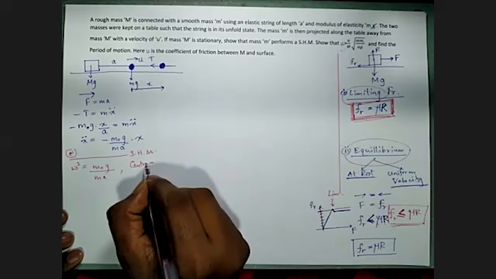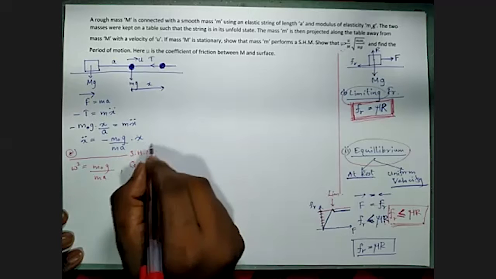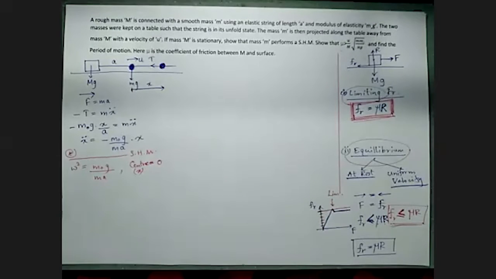How we can find center x? By equating the bracket you will get here to 0. Here this is just x. So when I equate that to 0, our center is when x is 0.